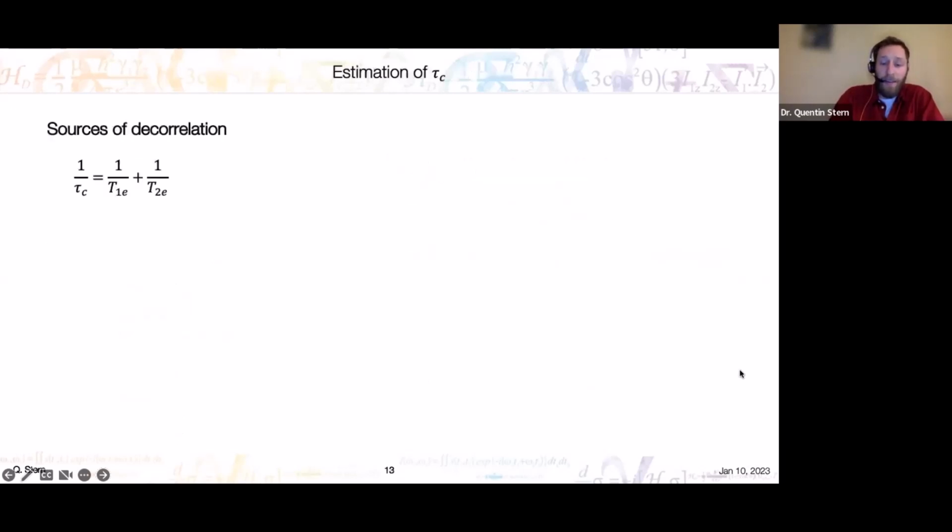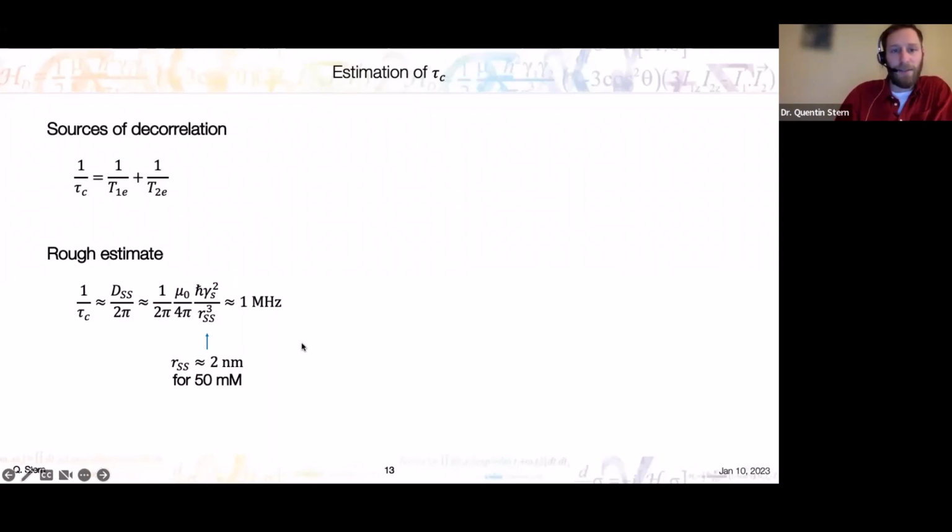There's one thing I have hidden under the carpet for now, which is where this correlation time comes from, and I'm going to give a very short explanation for this. Usually we consider that the electron can decorrelate because of two processes, spin-spin interaction and spin-lattice interaction. In our case, electrons interact strongly, and the decorrelation is dominated by the dipolar interactions between the electrons.